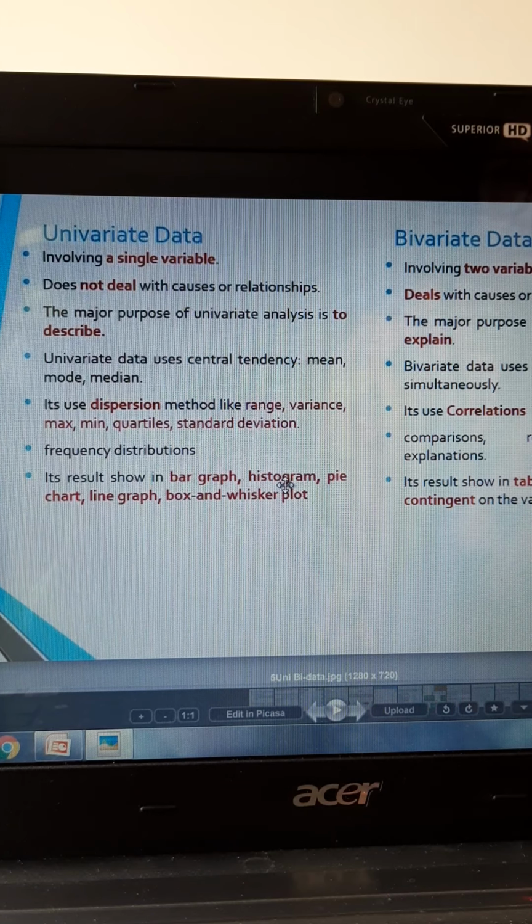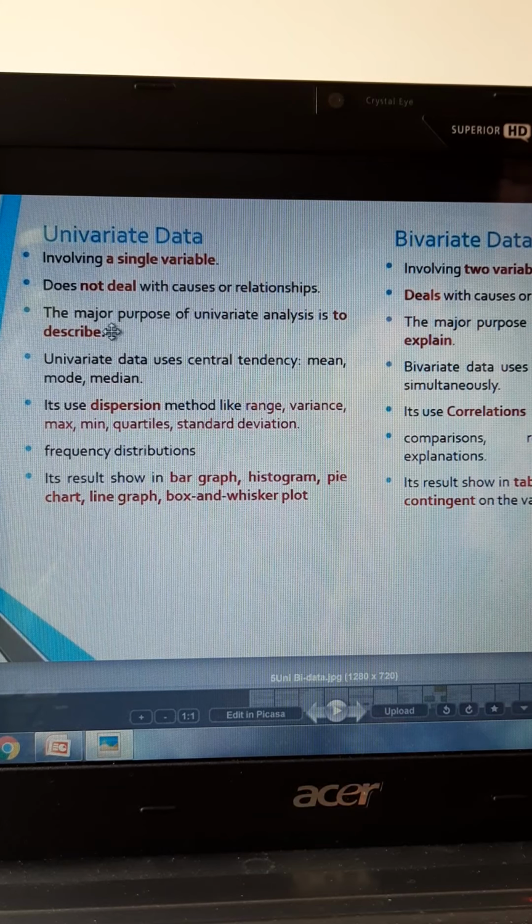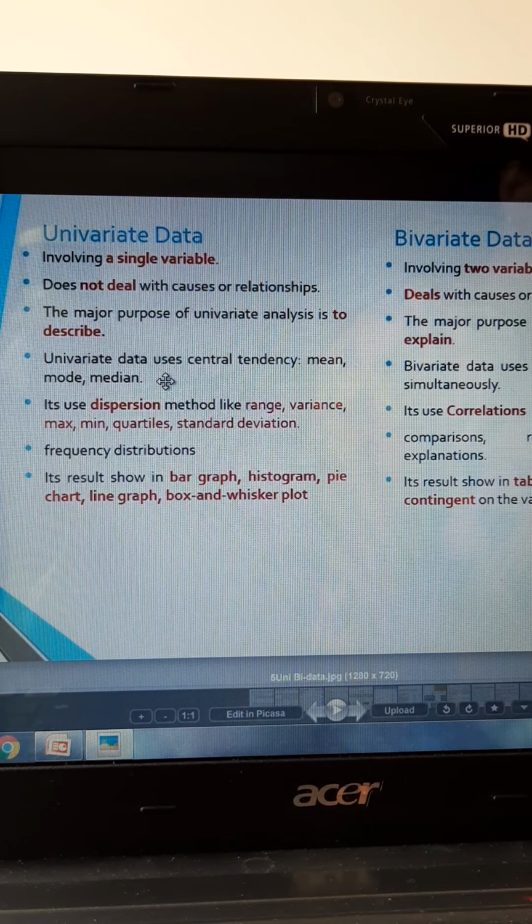Only one variable, what is the temperature per day? So there is no cause and relationship, it just describes, that's all. The major purpose of univariate analysis is to describe. You keep on taking the data, and after 100 years you will see the description, how the pattern emerges. Univariate data uses central tendency.